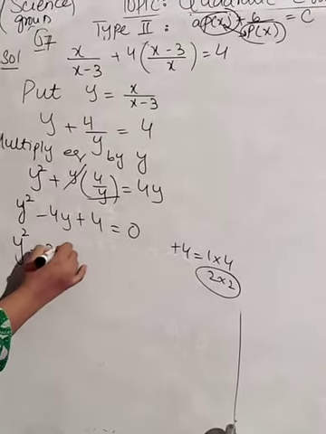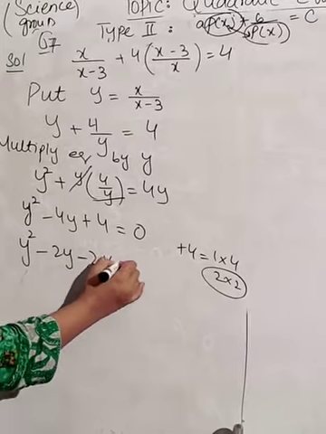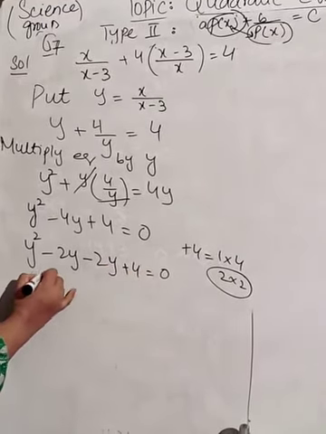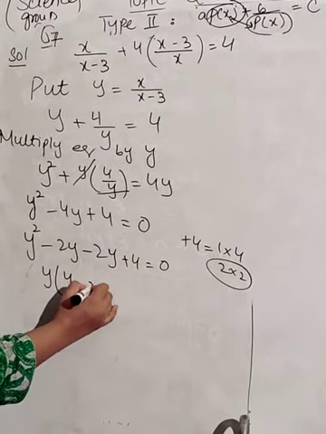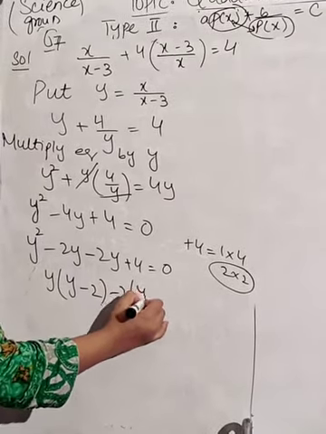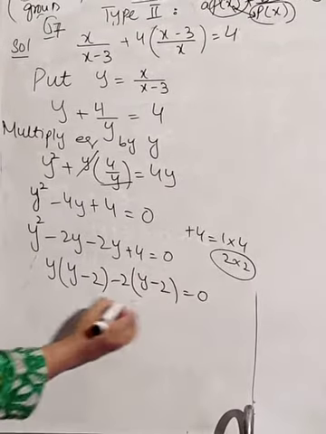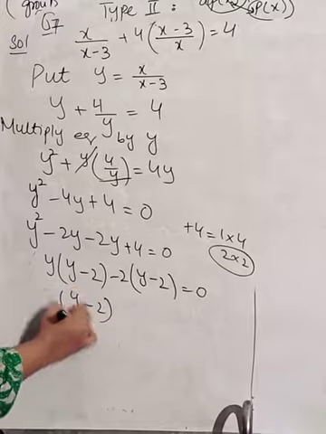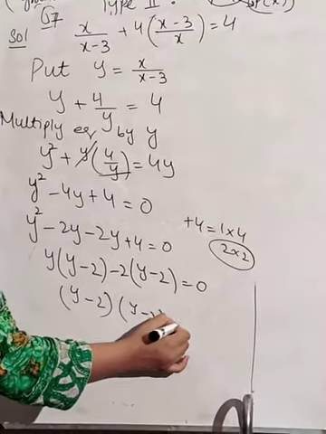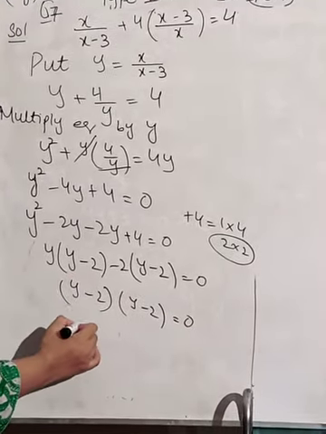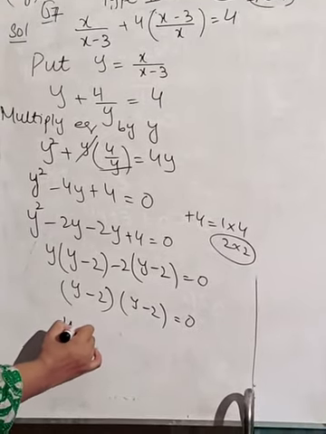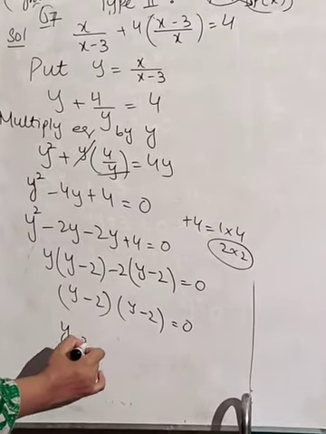So y square minus 2y minus 2y plus 4, that is equal to 0. Take y common, we are left with y minus 2. Take 2 common, we are left with y minus 2, that is equal to 0. So it's y minus 2 and y minus 2, that is equal to 0. Or in other words, we have the two answers. y is equal to 2.